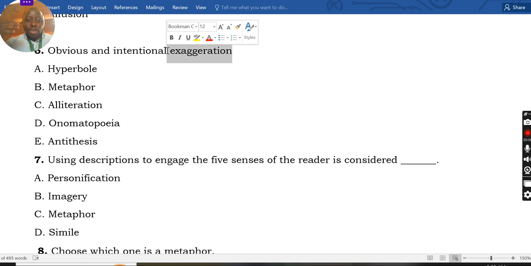You have to guess the answer. Where do we use exaggeration? We have 5 alternatives. A, hyperbole. B, metaphor. C, alliteration. D, onomatopoeia. E, antithesis. So from these 5 alternatives, which is the best answer, dear student?